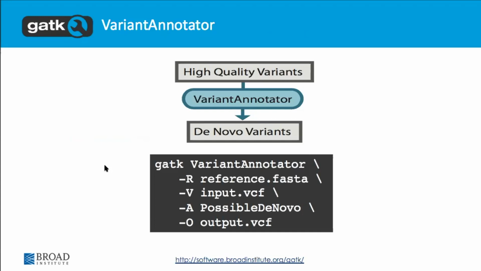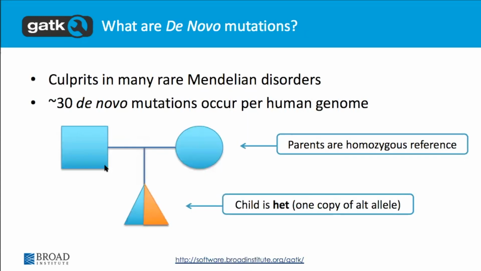So we want to annotate that. And as a reminder, this is when you have a child that shows up with variation that is not present in either parent.